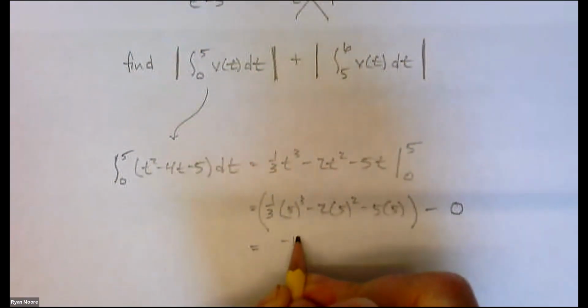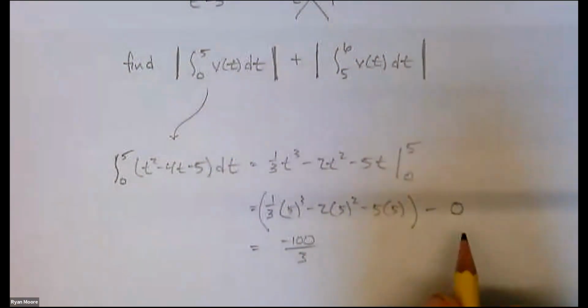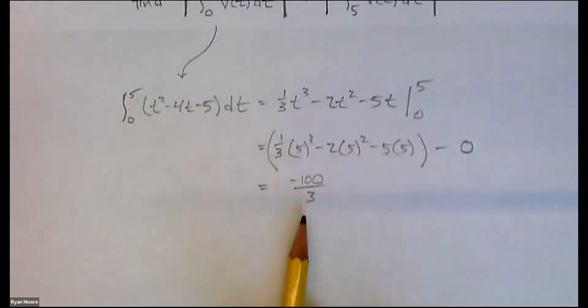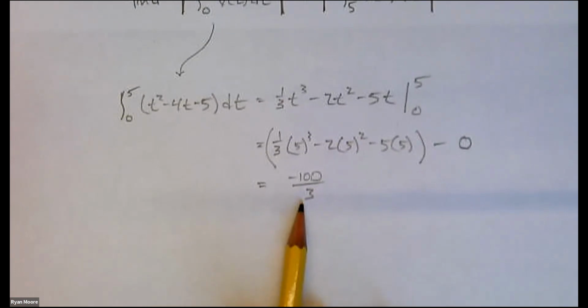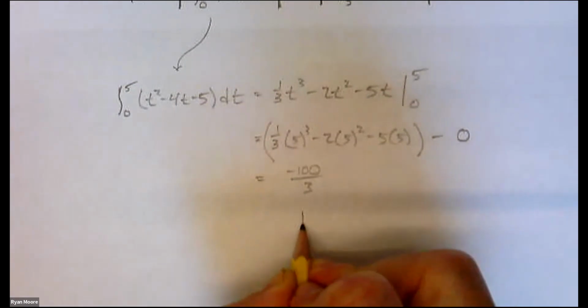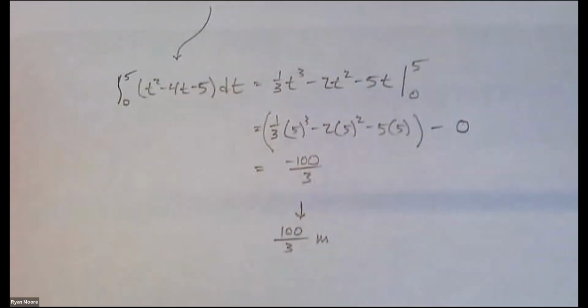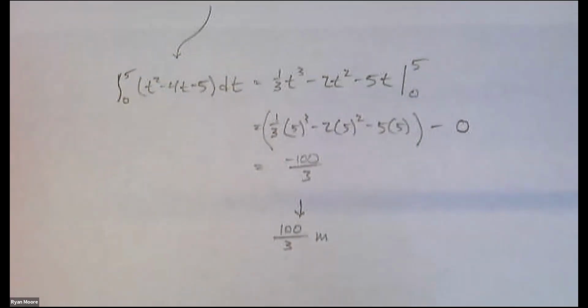I got negative 100 over 3 minus 0. So it's negative, and we know during the first 5 seconds the particle went 100 over 3 meters.